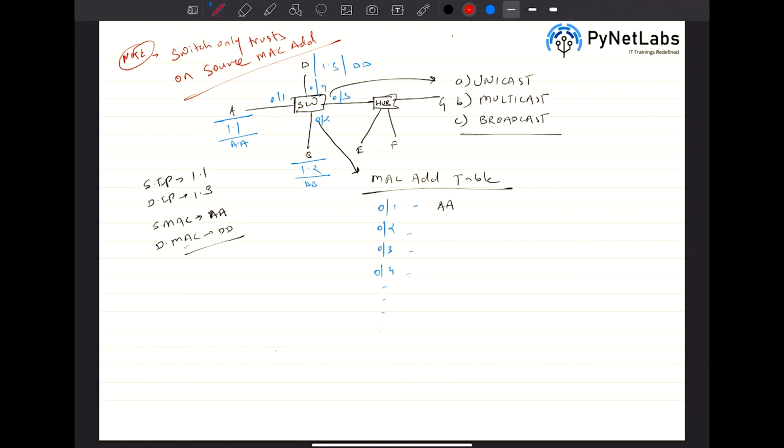The user might know that that's the destination MAC they want to reach. But if the switch doesn't know about the destination MAC, it treats such frames as something called unknown unicast.